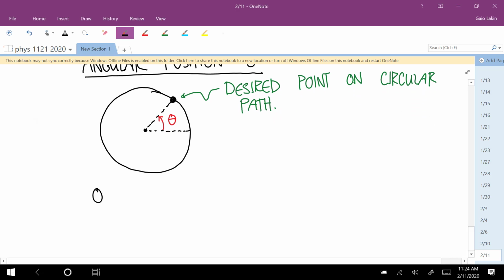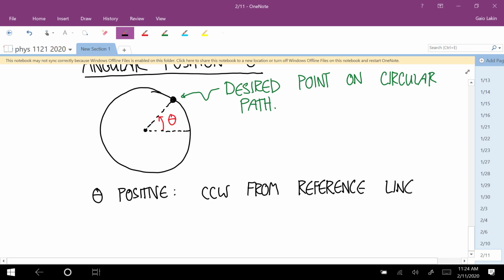If theta is positive, that means that we've gone counterclockwise from the reference line. And if it's negative, that means clockwise.